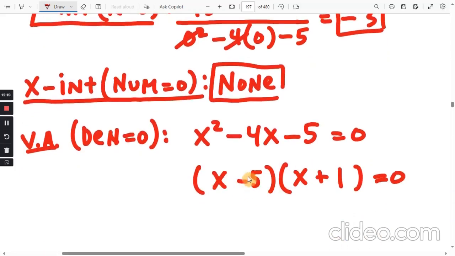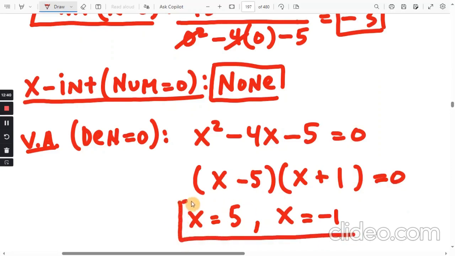If you do x minus 5 equals 0, then x is going to equal 5. And if you do x plus 1 equals 0, x is going to be negative 1. Remember, anything times 0 equals 0, so this one can be 0 and this one can be 0. So those are your vertical asymptotes.